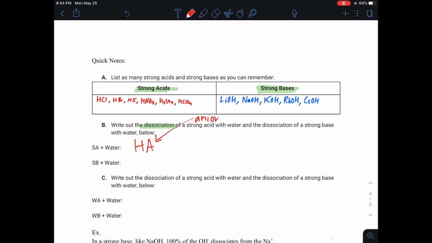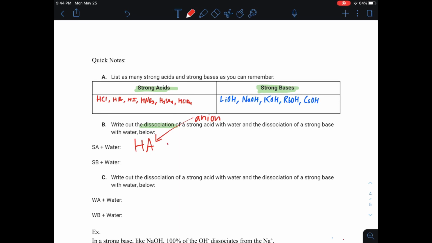It's any negatively charged ion. When that reacts with water, it's going to act like an acid, and it's going to donate a proton. It donates its proton to water to become a hydronium ion. And there's our anion that's left over.